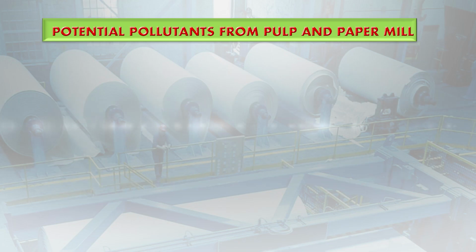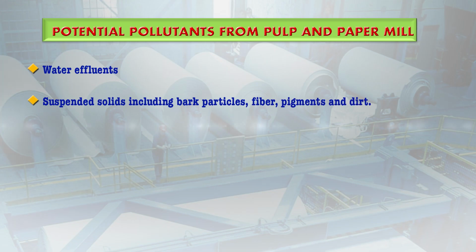The potential pollutants from the pulp and the paper mill. Now from these pulp and paper mills, we can get the water effluent. So they use a large amount of water in the bleaching agents and so on. So the suspended solids, including the bark particles, the fibers and the pigments and the dirt, all this can get into the water.